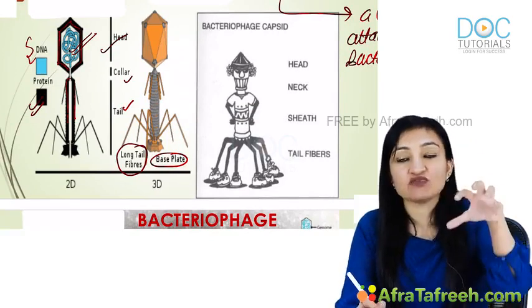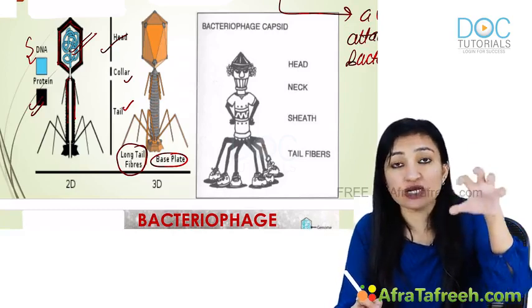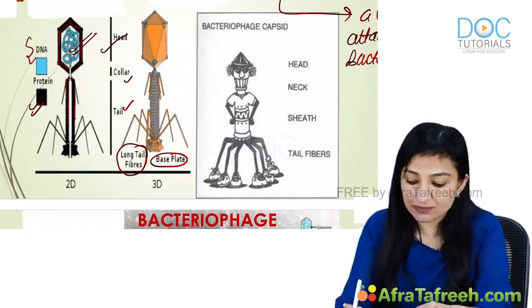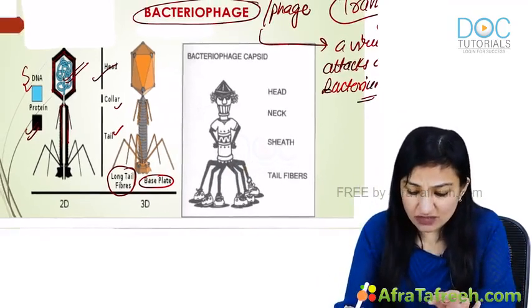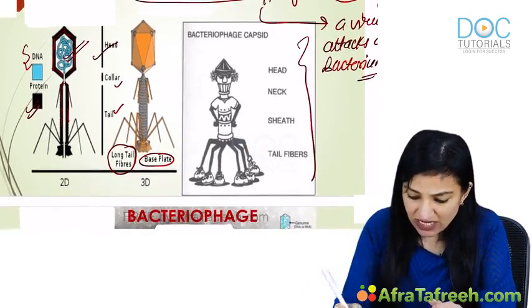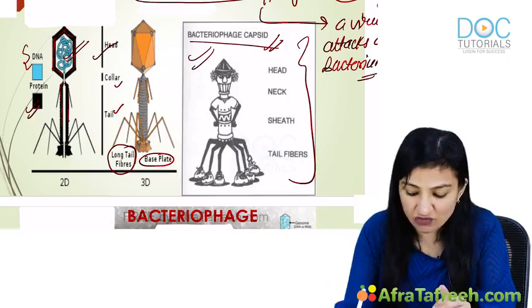It is with the help of these long tail fibers that the bacteriophage is going to attach onto the bacterial cell. So it somewhat looks like a spider. This is just a cartoonish representation to emphasize the structure of a bacteriophage.